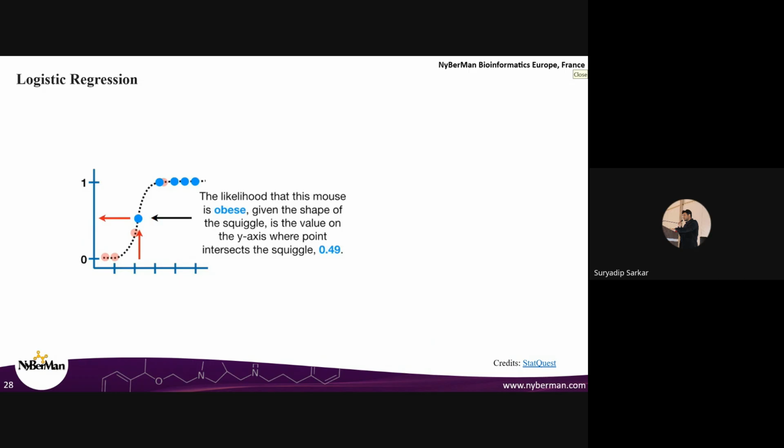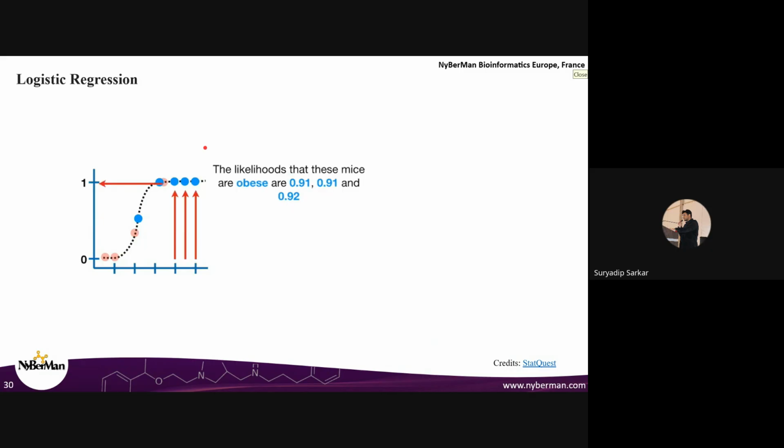And that is nothing but our likelihood of this mouse being obese given the shape of our sigmoid curve. Similarly, I can calculate the likelihoods of all the other blue data points, the obese data points. For the sake of this example, let us say the likelihoods are 0.91, 0.91, and 0.92. So we have these particular values now in mind.